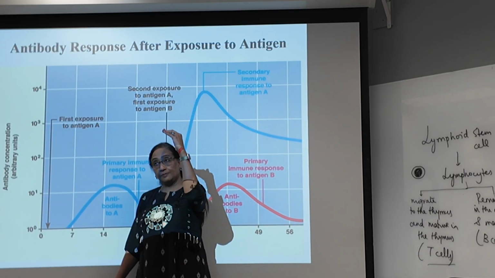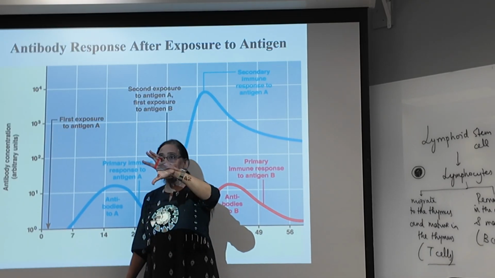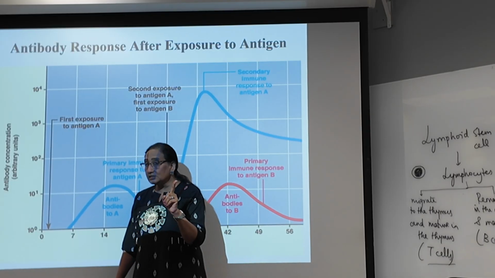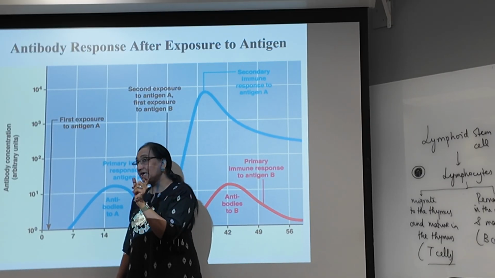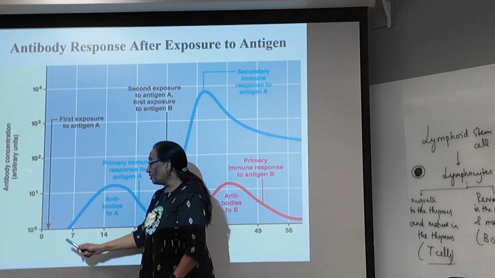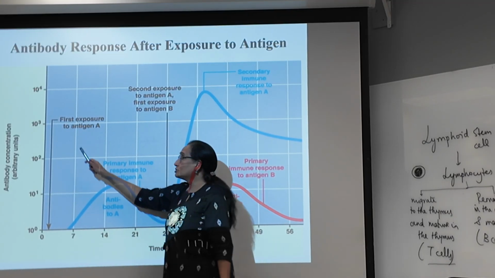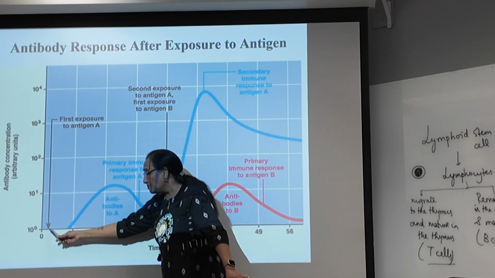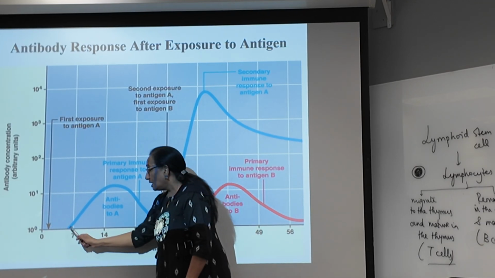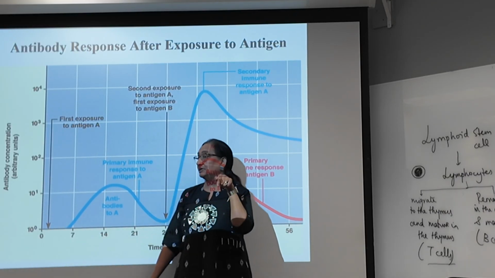Now, what happens? The B cell has to recognize, then it has to start multiplying, then it has to produce antibodies. For this to occur, it takes at least a week, 5 days to a week, for the antibodies to start getting secreted. So on first exposure, it may take about 5 to 7 days before you can take a sample of blood and see antibodies in it.